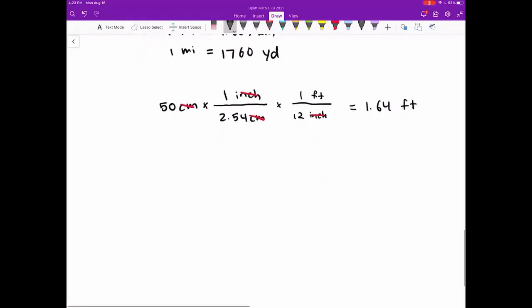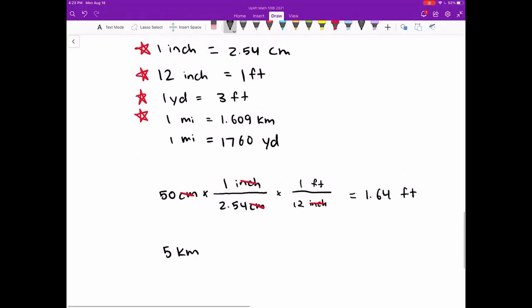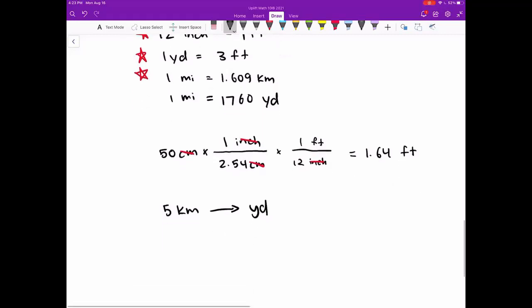Sure. Okay, so convert 5 kilometers into yards. Hopefully this is okay. So we first have to convert kilometers into miles.